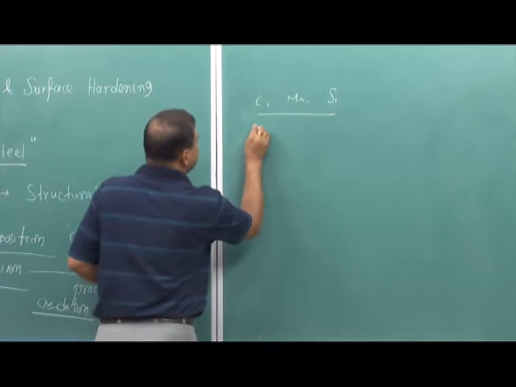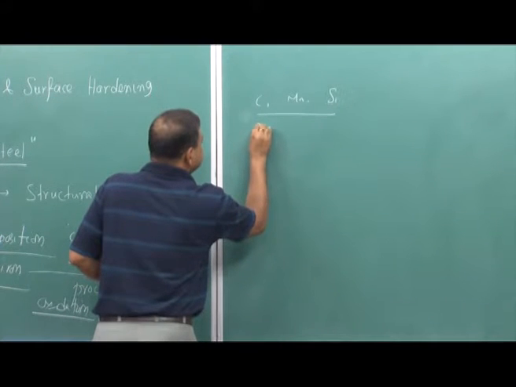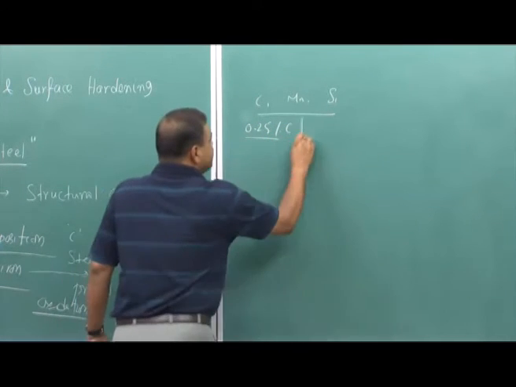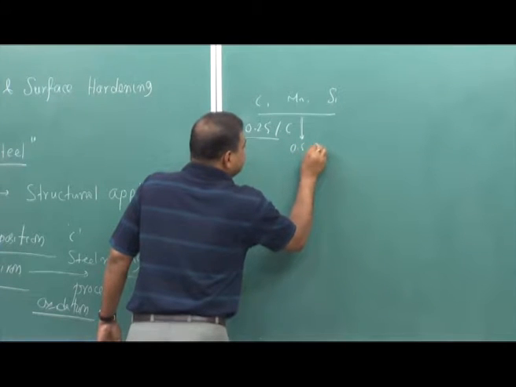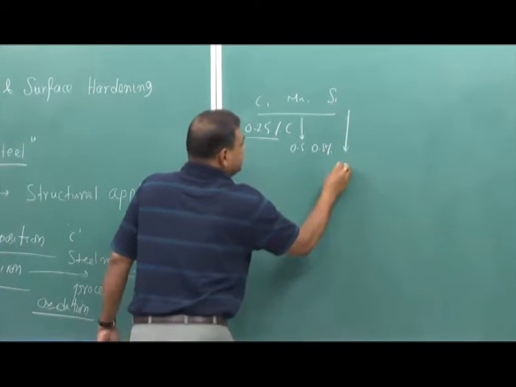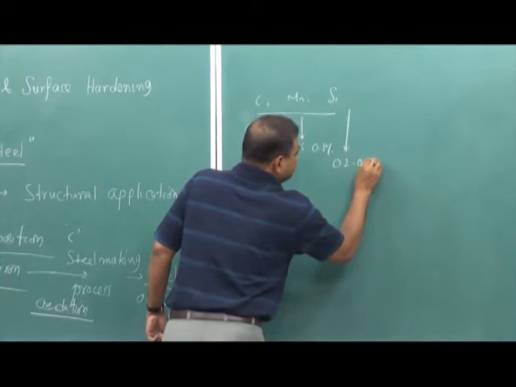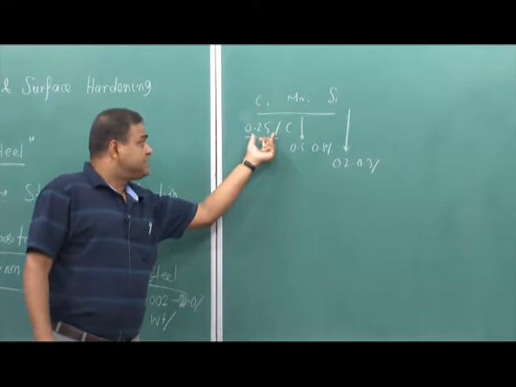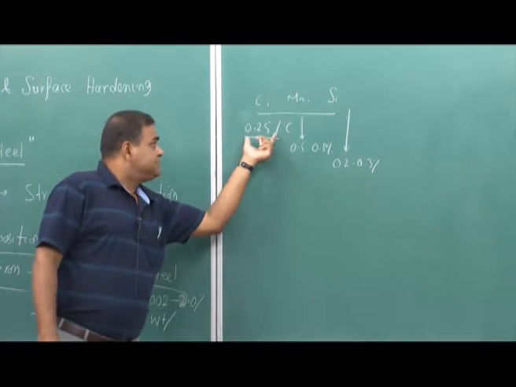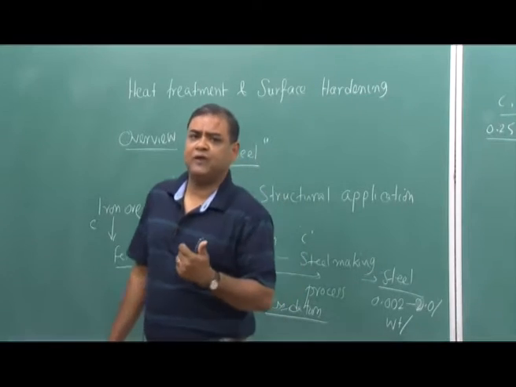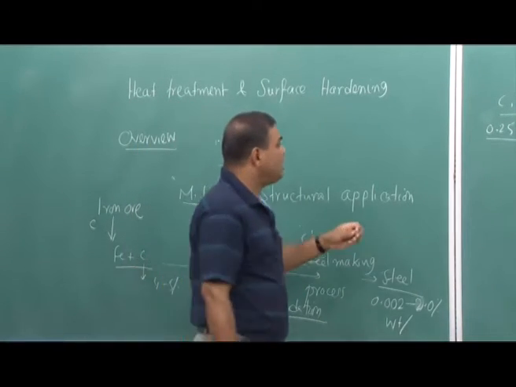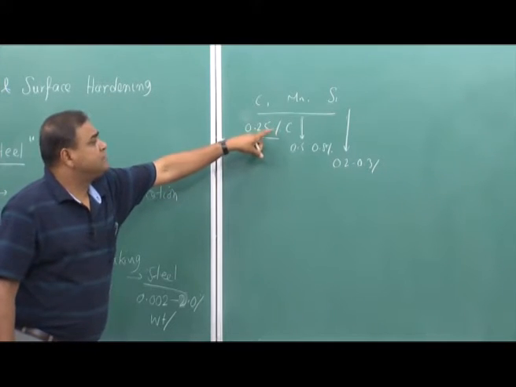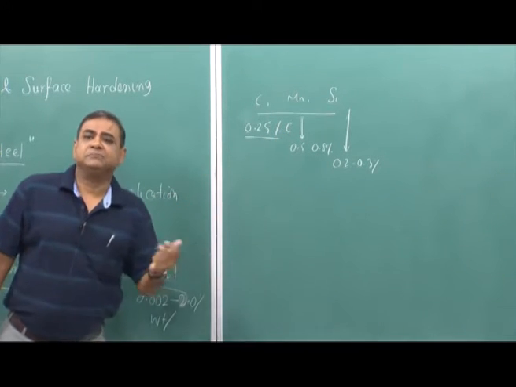Carbon in mild steel is generally a maximum of 0.25%. Manganese can be 0.5 to 0.8%, silicon could be 0.2 to 0.3%. Depending on different varieties, these can vary a little, but the carbon always stays around 0.25. If it is more than 0.25, it will not come under the category of mild steel. So, if we take 0.25% carbon maximum, we can term it as mild steel.